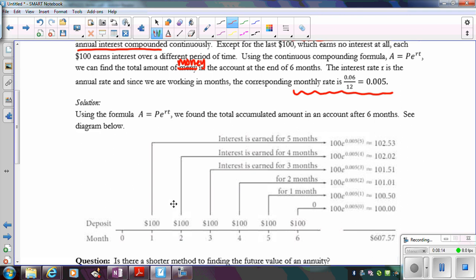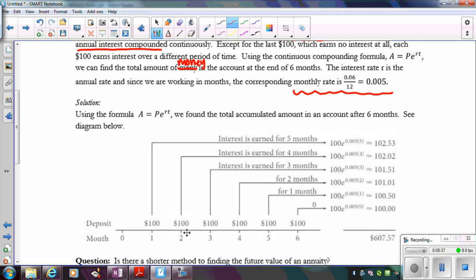So if we use that, we look at the deposit on the first month. We put $100 in, so there's your one-time investment. After it can get interest for 5 months, because it went in at month 1, there's 5 months left for it to earn interest. You're going to get $102 from that investment.